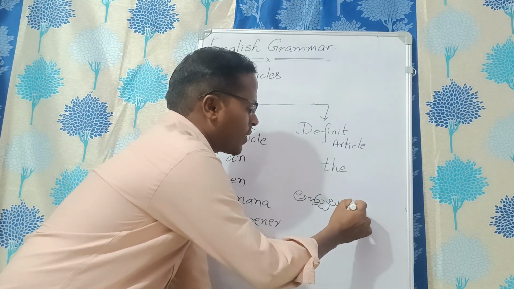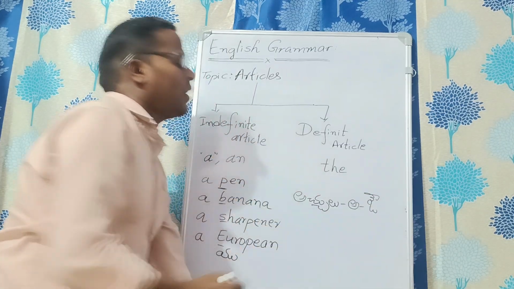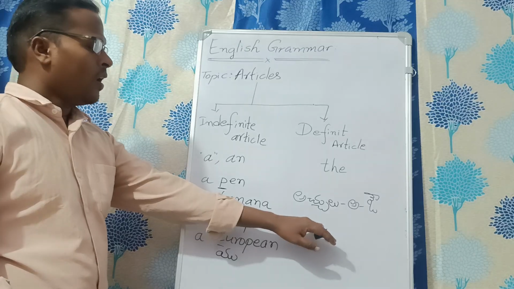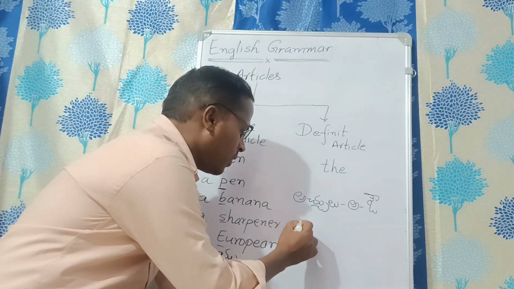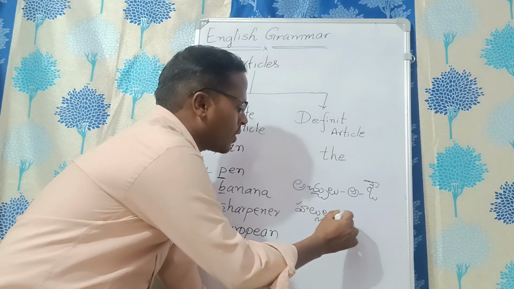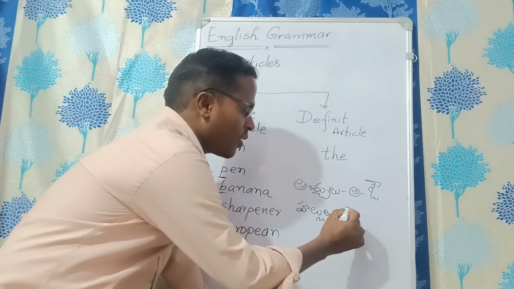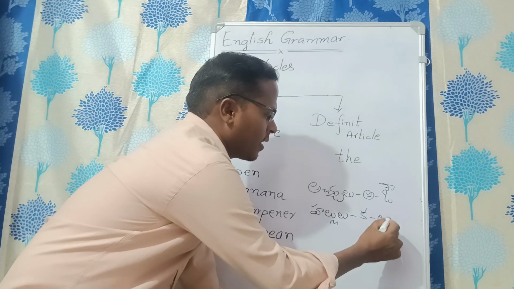Achulu start from A to Au. These are vowel sounds, and Hallulu are consonant sounds, and they start from Ka to Bandira.